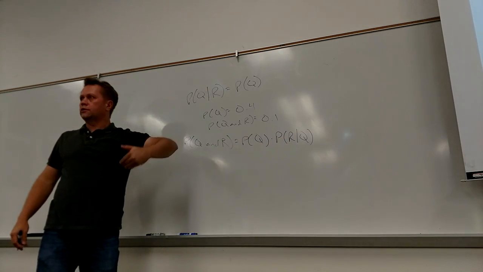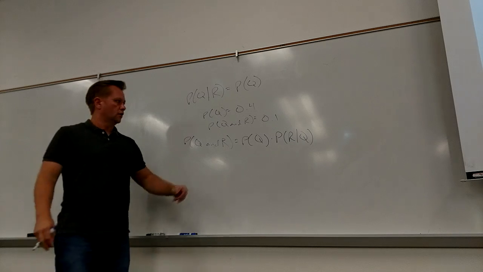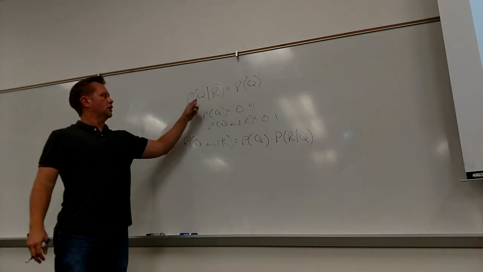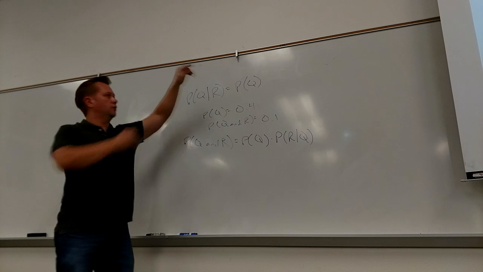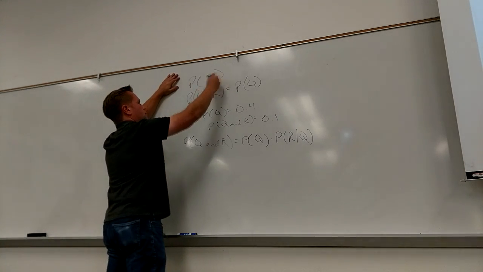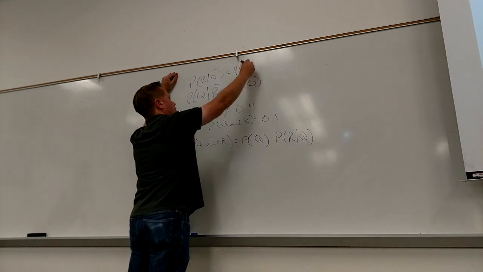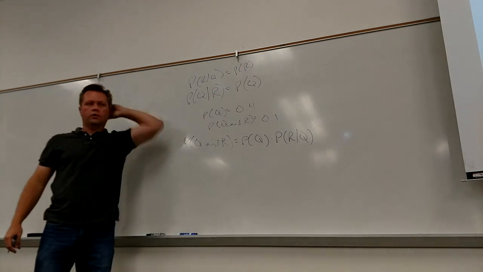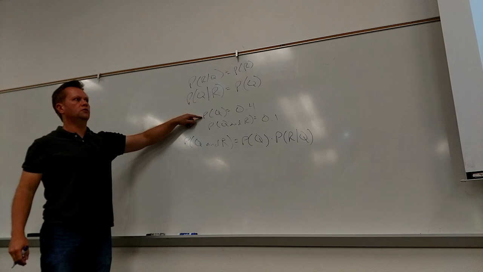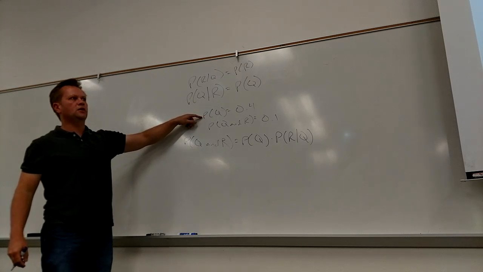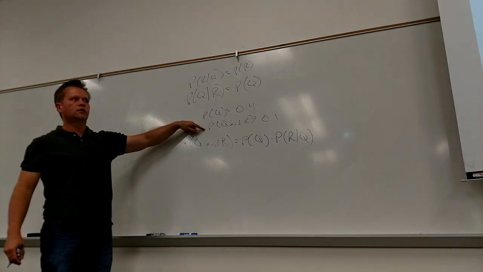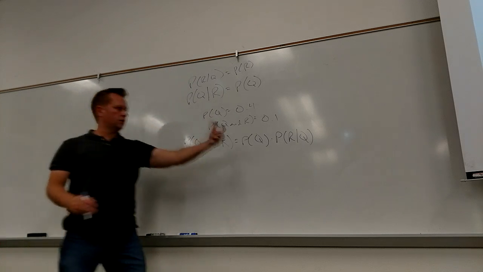It's the probability of R times the probability of Q given R, right? So the probability of Q given R is the probability of Q. And what else can I write, actually, to be honest? The probability of R given Q is the probability of R. So what do they tell me? They tell me the probability of Q. They tell me the probability of Q and R, and they want to know what the probability of R is. But look here.